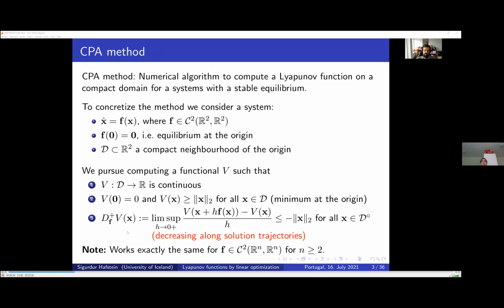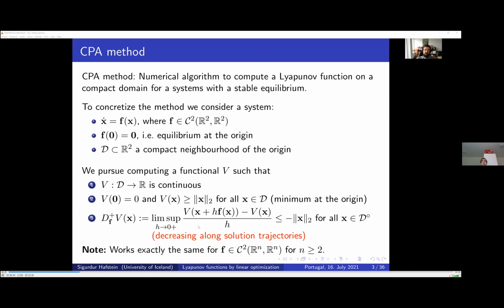And then we demand that the so-called Dini derivative from the right of V is less than or equal to minus the norm of x. The reason is that we cannot really use the derivative, because the function that we construct is continuous and piecewise affine, so it is not differentiable.